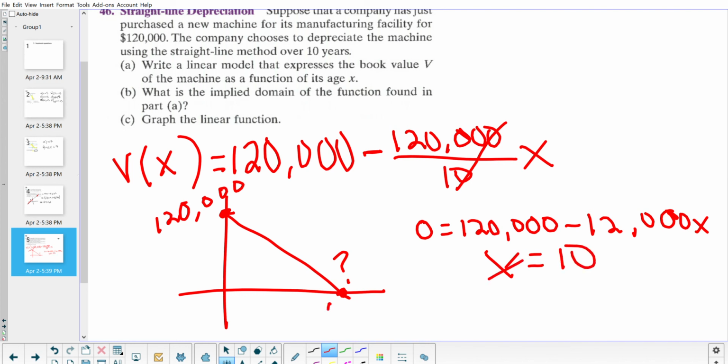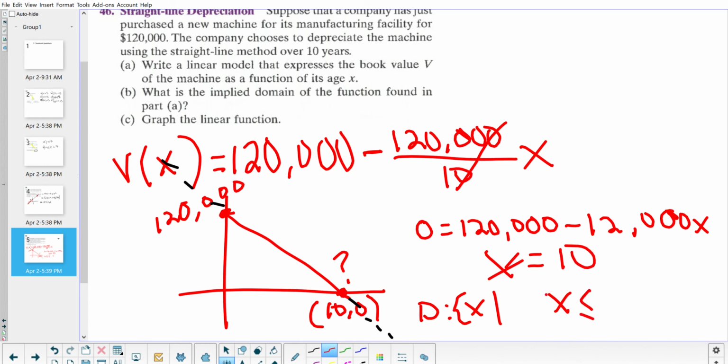So it loses its value in 10 years. So this is the point (10, 0). Technically, this is a line, so it goes on over here, but a lot of the times in the real world we only exist in quadrant 1. So the domain would be x such that x is between 0 and 10.